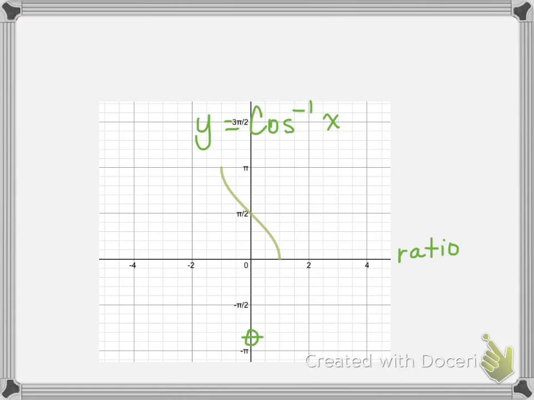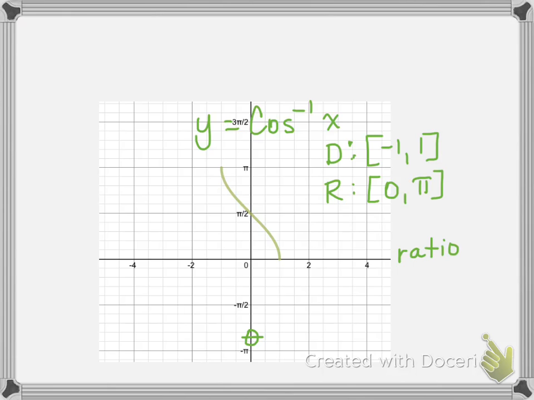So angles are now our outputs. And when we do that, that swaps the domain and range from our original cosine function. Our domain is now -1 to +1, and remember that was the range of our original cosine function. The range then goes from 0 to pi.